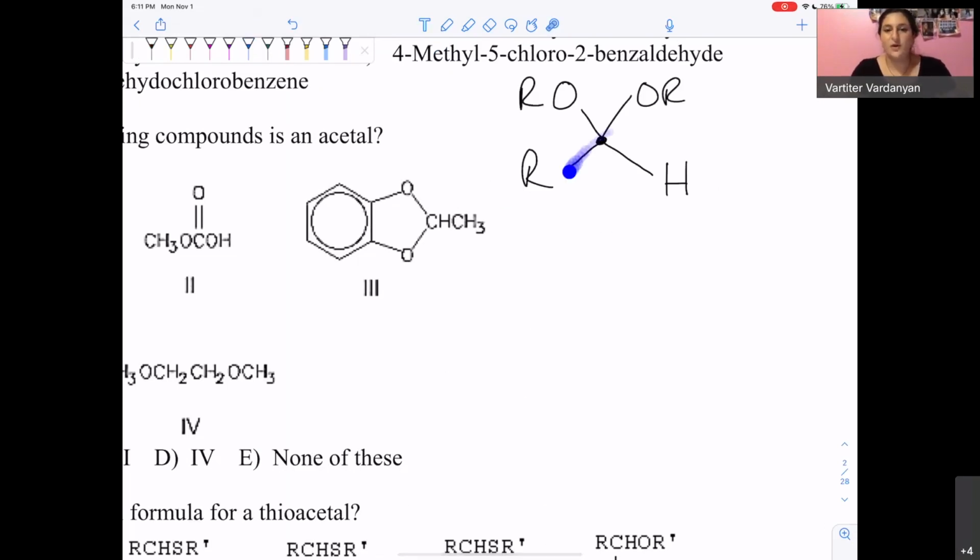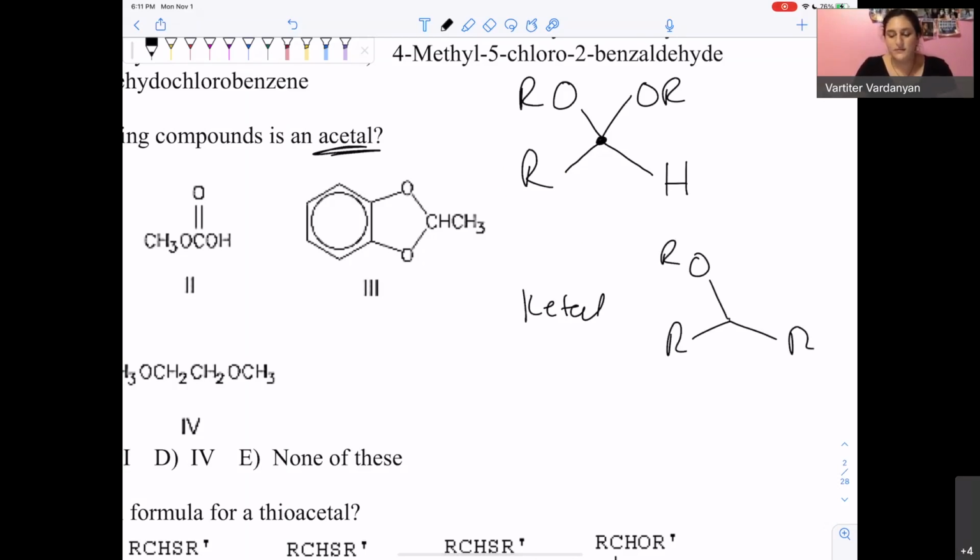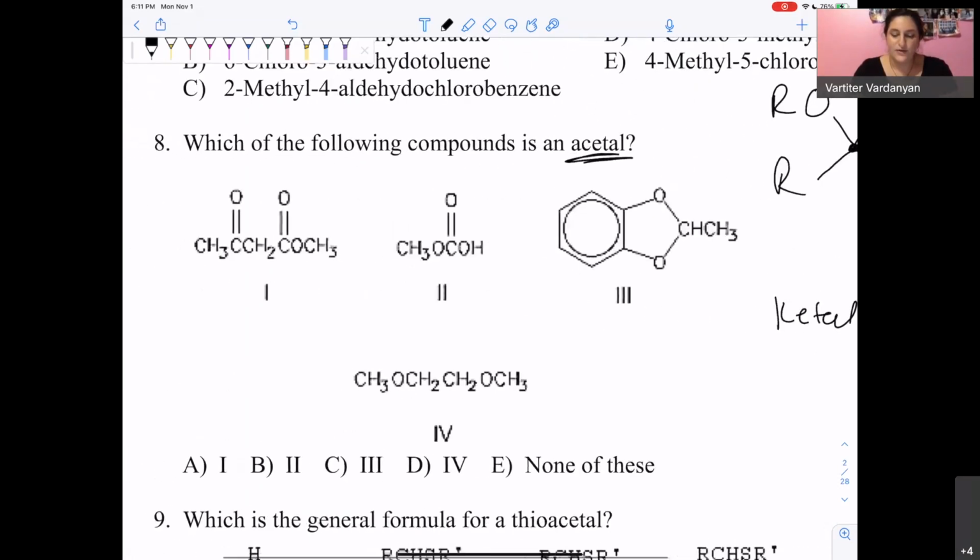And the reason it's not two R groups down here is because this is an acetal, so it has to be an aldehyde base. If it was a ketal, it would be two R groups, like so.